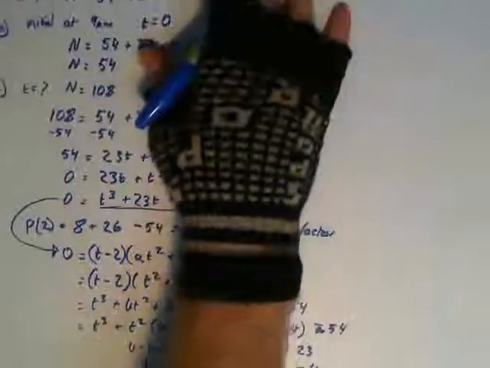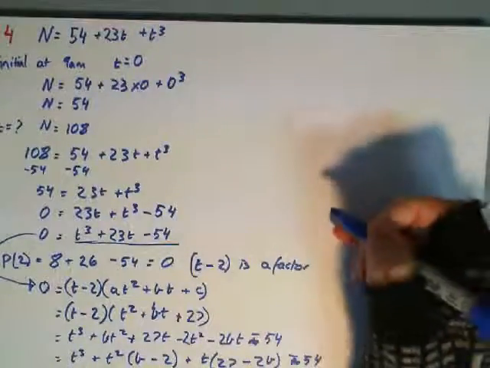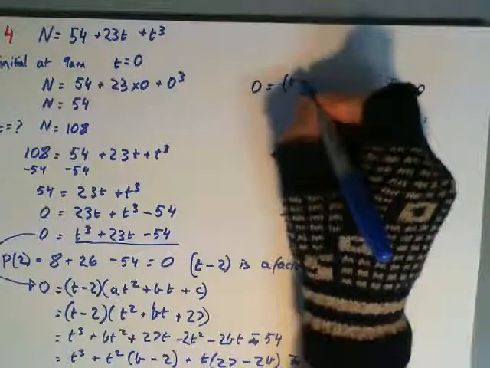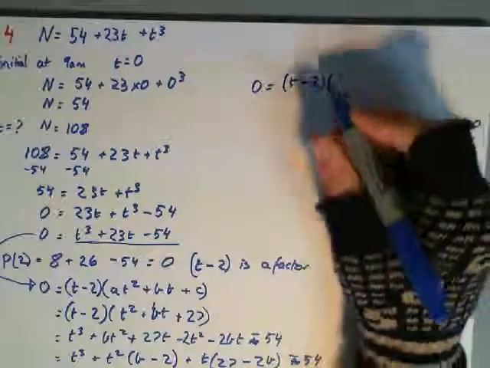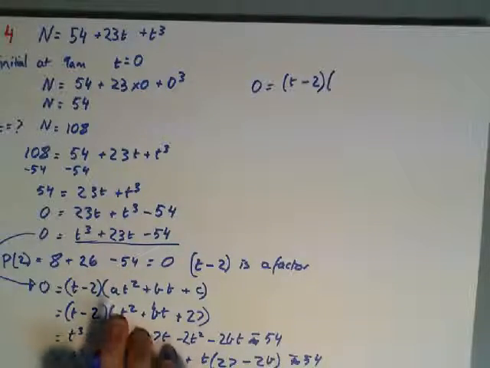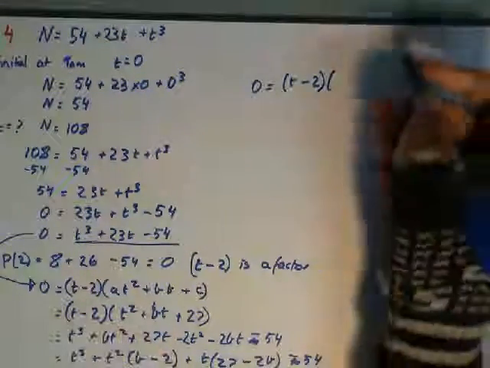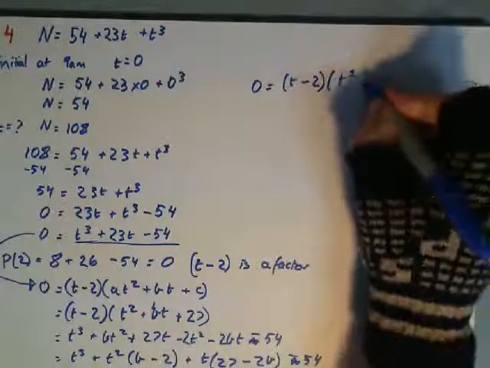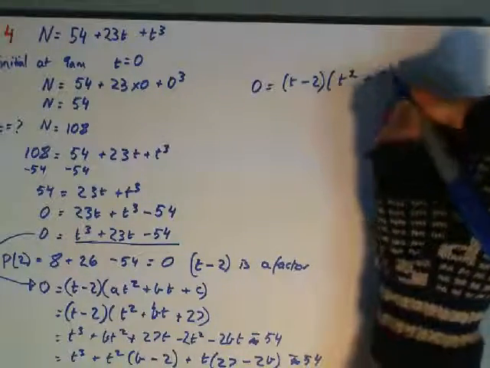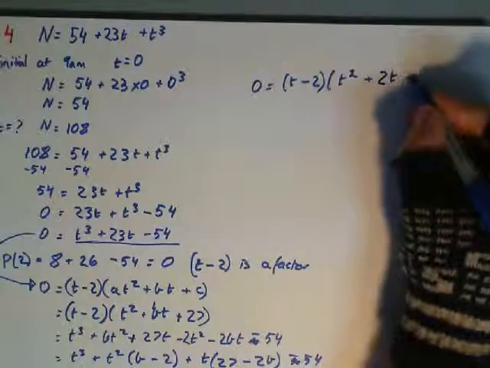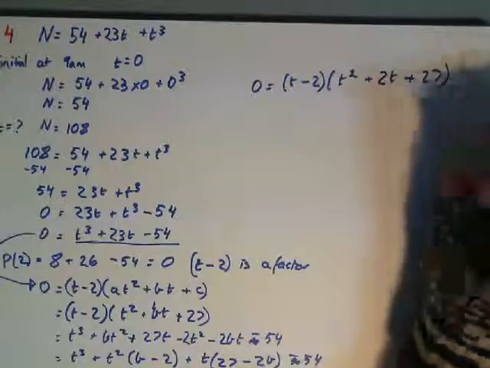Okay, so we can say that our equation is now t take 2, a we determined was positive 1, so it's just t squared, plus our b, which is 2t, and this will be plus 27.